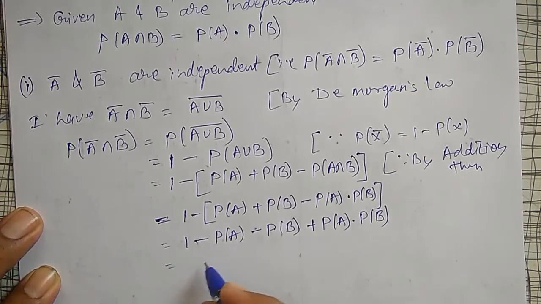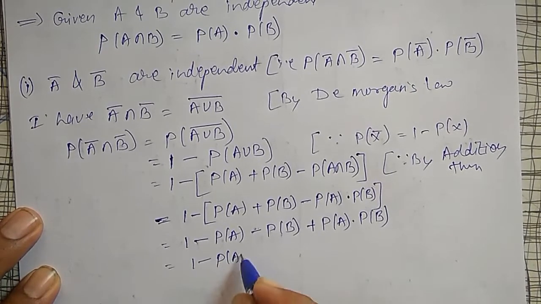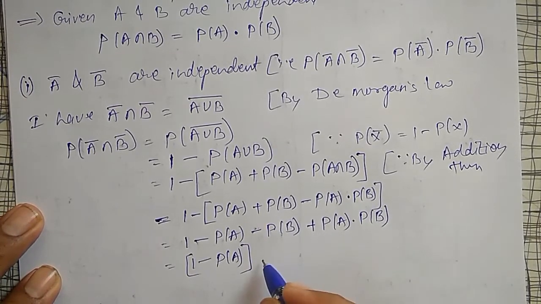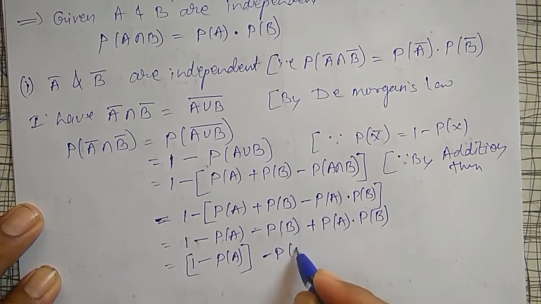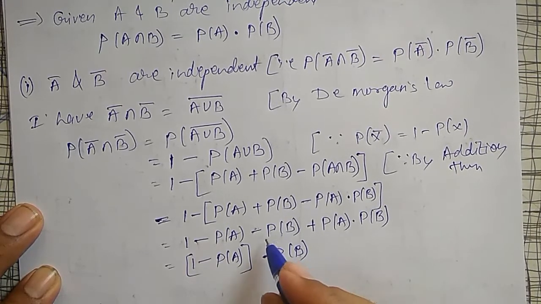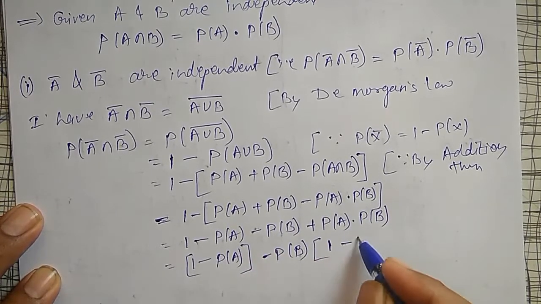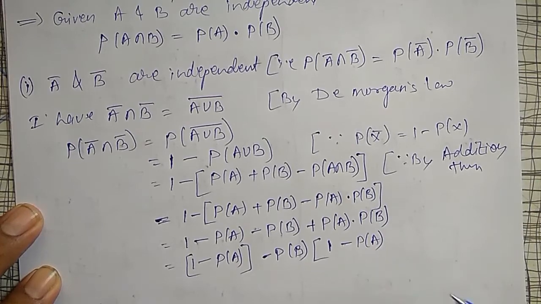Here 1 minus probability of A I will put into one bracket, and from the other two I can take minus probability of B common. If I take minus probability of B common, then 1 minus probability of A will remain.